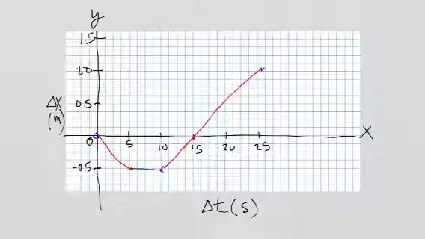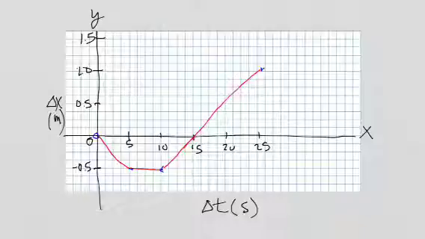Now, what actually happens here from 5 seconds to 10 seconds? There is a pause. Do I have a velocity? No, I don't. Why? Because I have a horizontal line here, which states that my velocity is constant. My velocity will be 0.